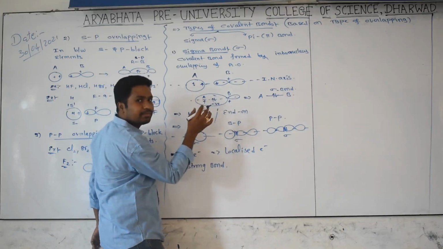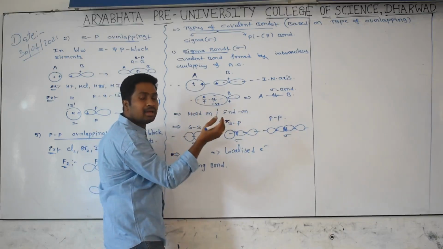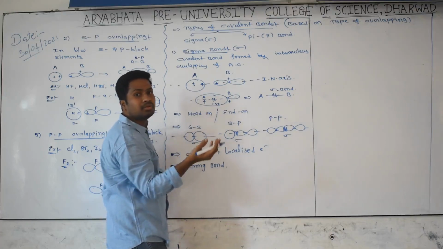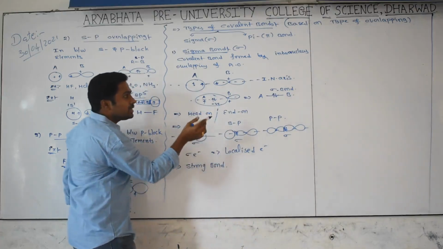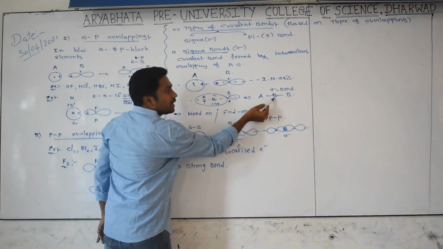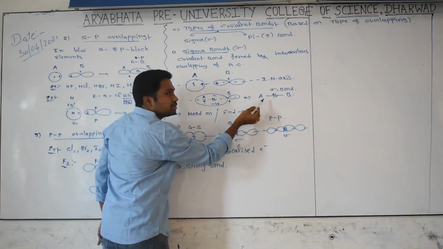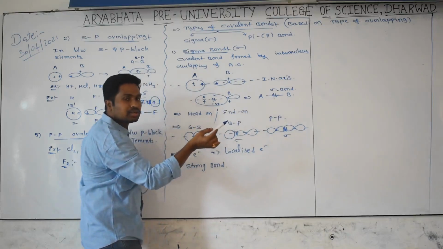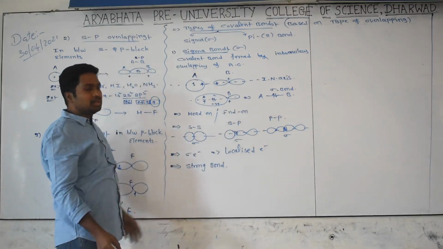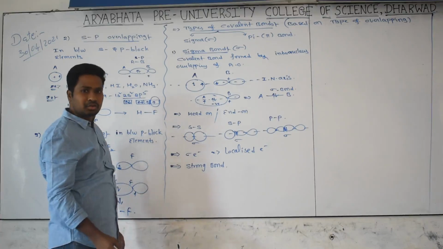The distance is lesser, so the force of attraction will be high. More force of attraction, more strength. In a sigma bond, the electrons and nuclei of the bonded atoms are very close to each other, so a strong force of attraction is there. That's why you get a strong bond. That's why we say the sigma bond is a strong bond.